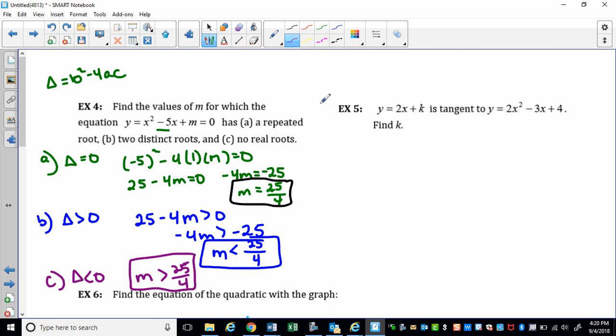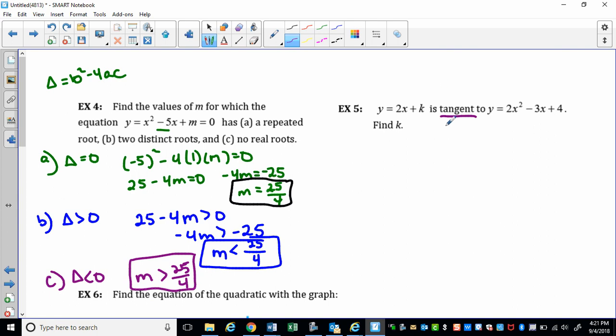Promise. All right, example 5. It says, when are these two functions tangent? Tangent means that they're going to intersect one time. Okay? They're going to touch at one place.